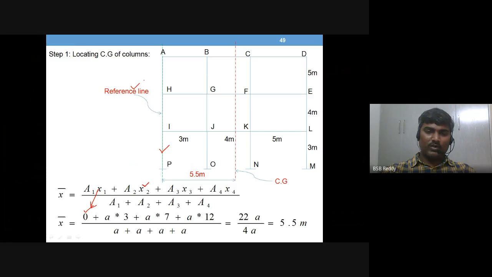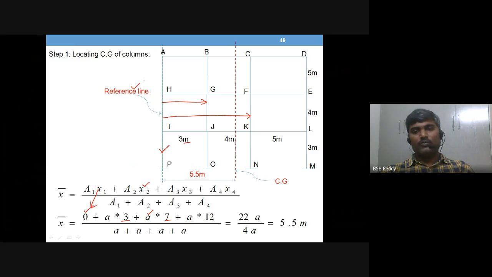X2 means, from the reference line, the second column distance: 3 meters. A3 is a, and X3 means the third column distance from the reference line: 4 plus 3, 7.